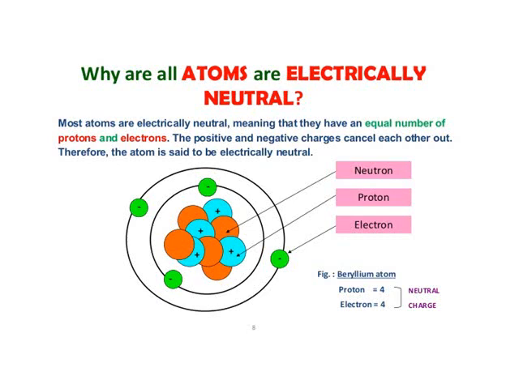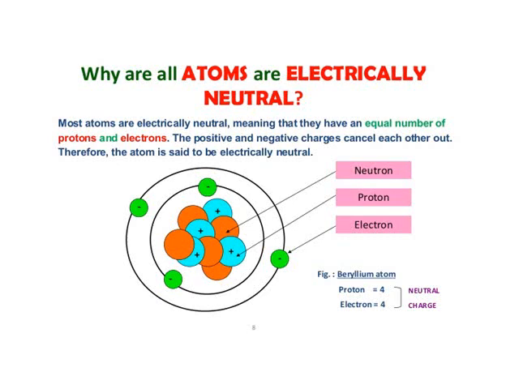Now each of them is colored. You see the positive charges are colored in green. Count the number of green ones. You can count 4. Therefore, a beryllium atom has 4 protons which are positively charged. Outside the nucleus, just count the negative signs which are green in color.